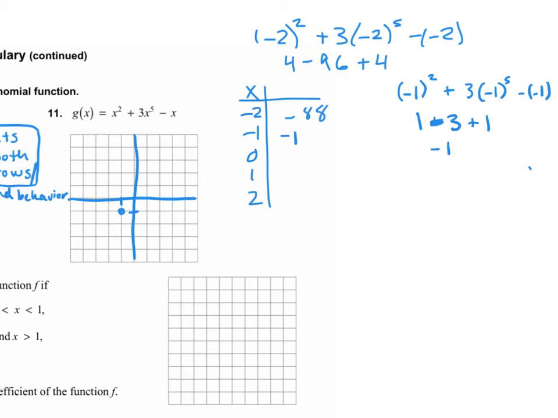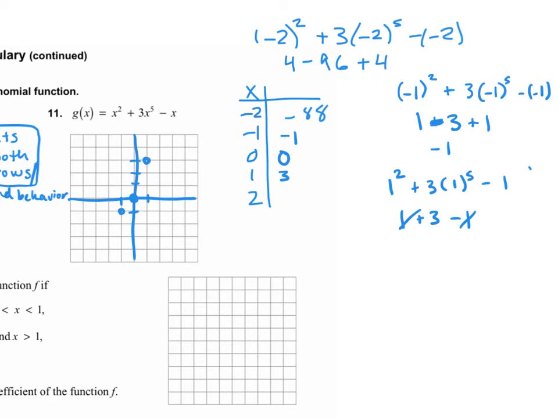Next we plug in 0. So this would just be 0. Then we plug in positive 1. So we have 1 squared plus 3 times 1 to the 5th power minus 1. So 1 plus 3 minus 1, this would be 3. So we go to the right 1, up 3.